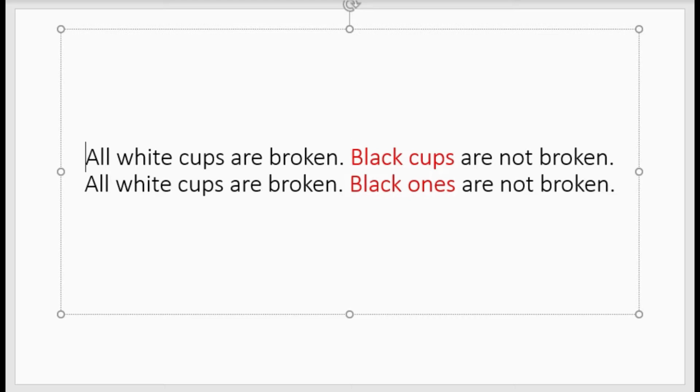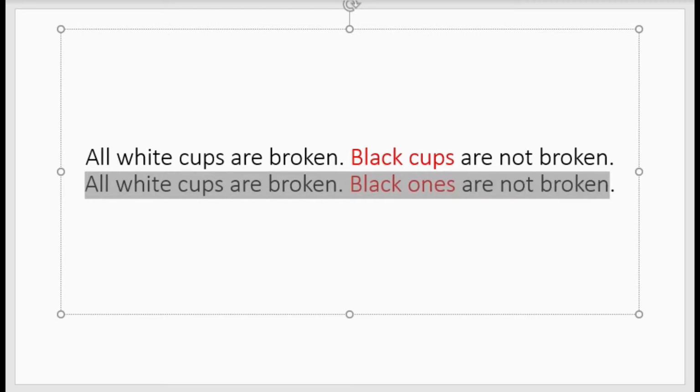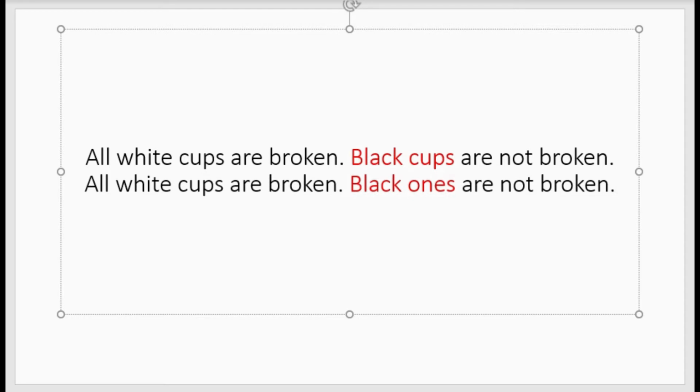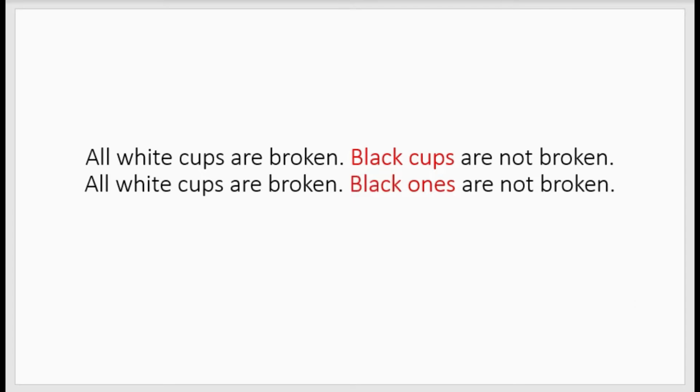And here, all white cups are broken. Black ones are not broken. Now you can see here that the black is at the beginning of the second sentence after the period.